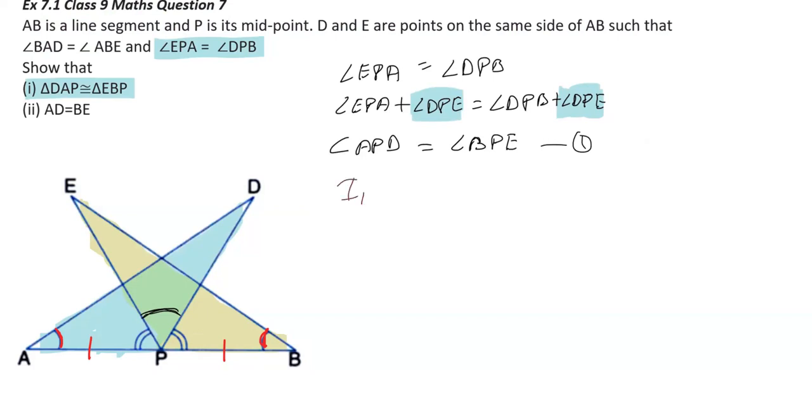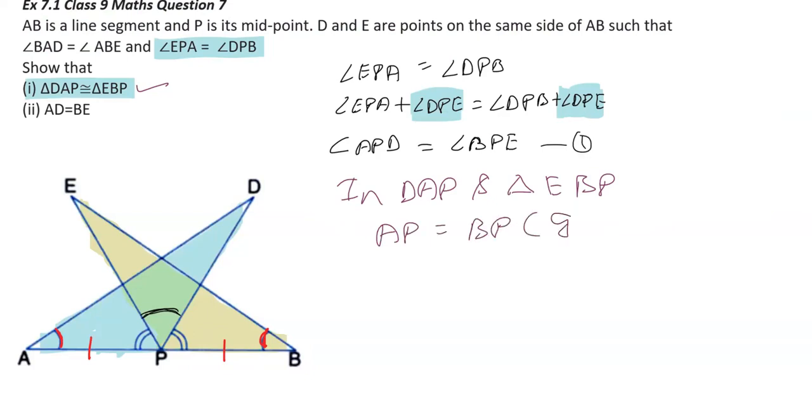So we'll consider the two triangles, that means these two, that is triangle DAP and the other triangle, that is triangle EBP. Here we have AP is equal to BP. We can write this as given also. We have angle A is equal to angle B. This is also given.